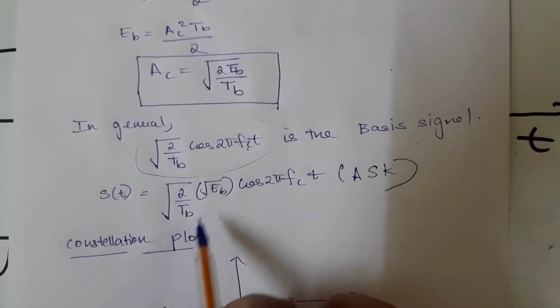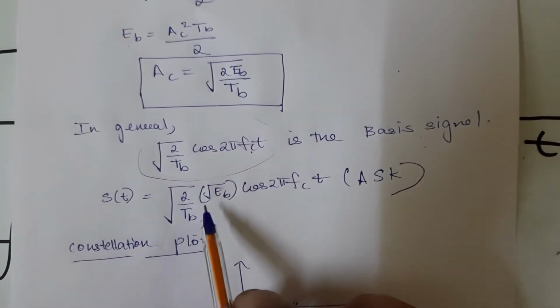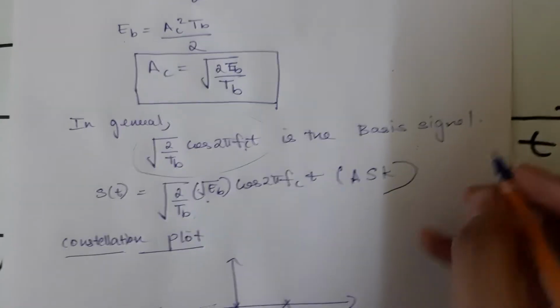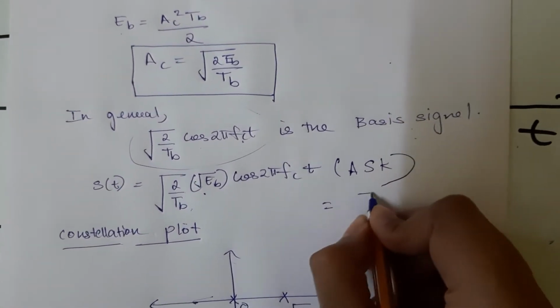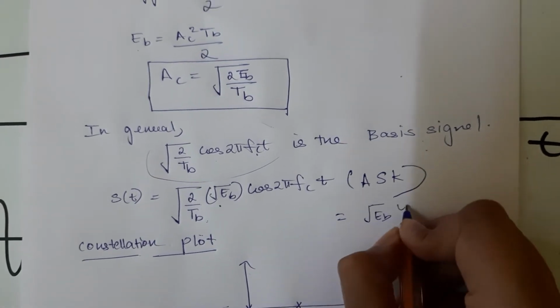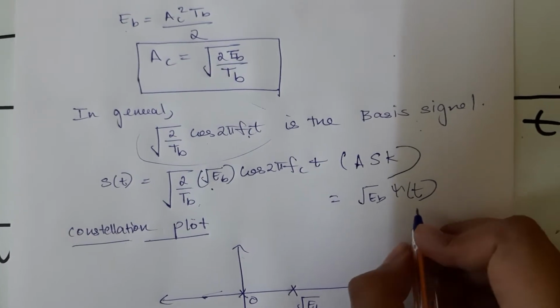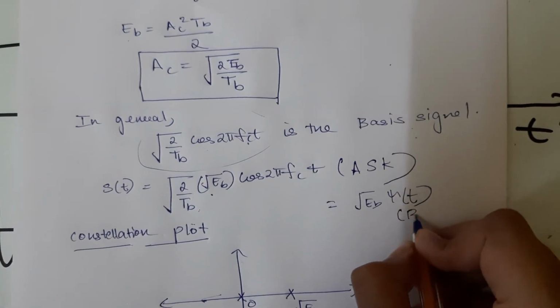I can rewrite this as root 2 by TB into root EB cos 2 pi FCT. That is nothing but root EB into psi of t. This psi of t is nothing but my basis signal.